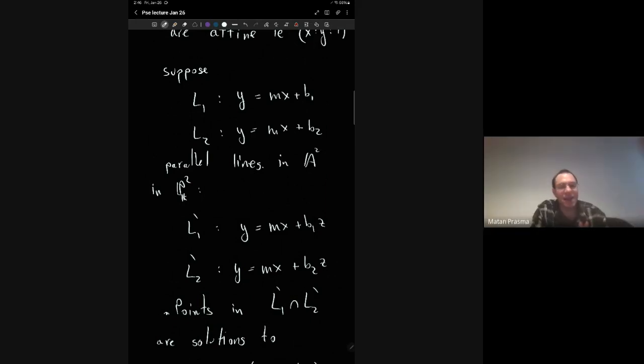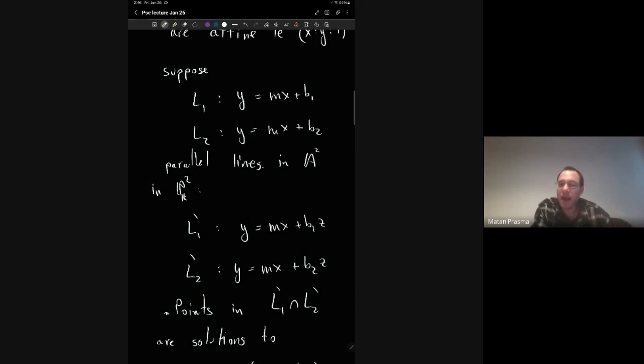It gives you another kind of angle on what this projective space or plane is. Okay. So in the projective plane, we have a line at infinity, unlike in the projective line, where we have a point at infinity.